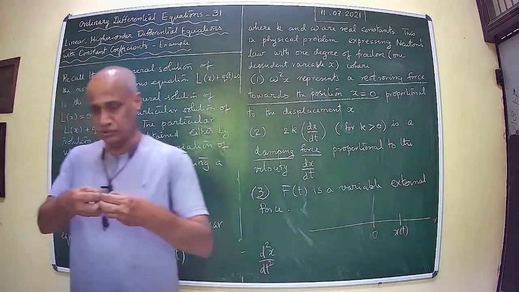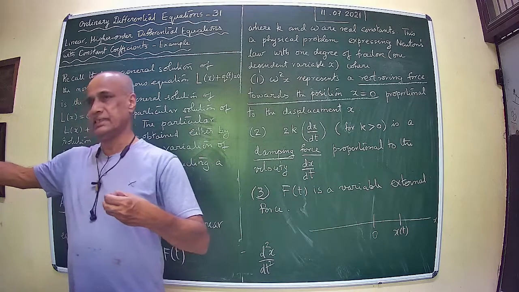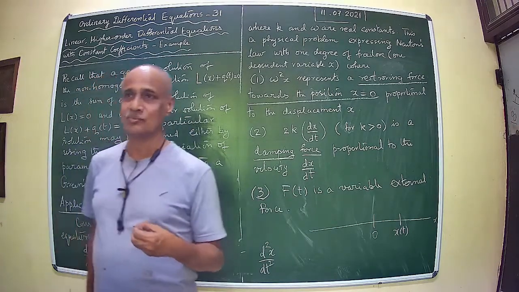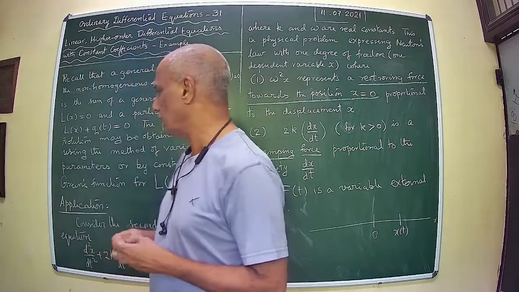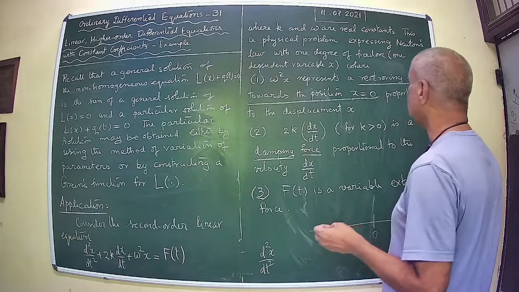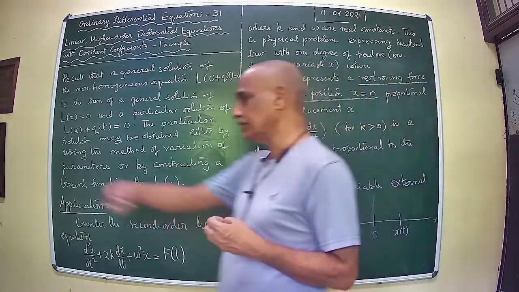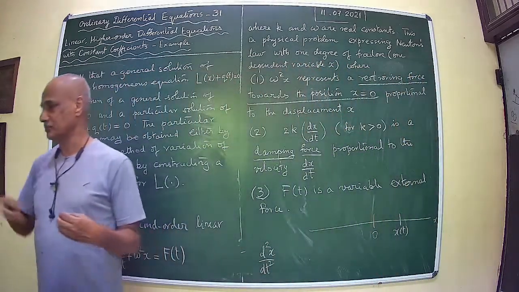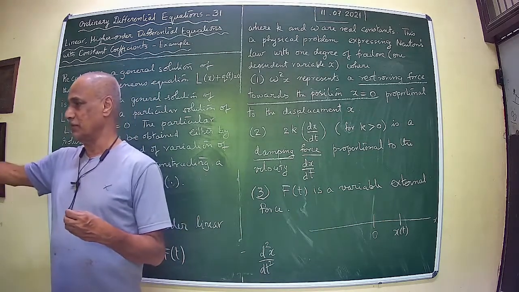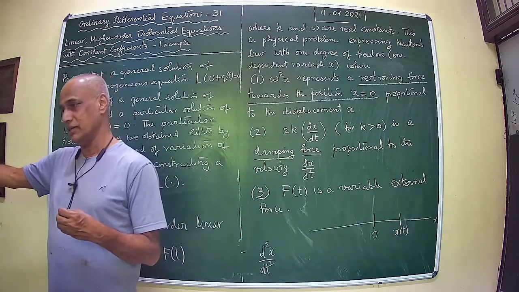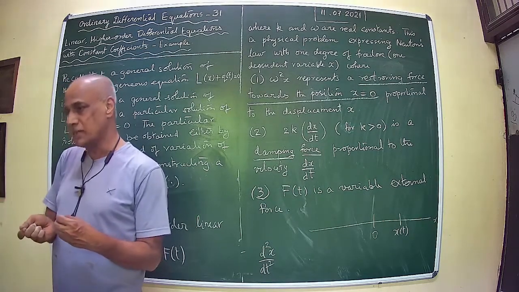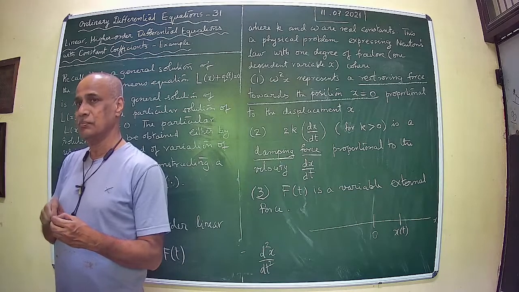For instance, if you stretch the string and leave it, it will come back. Because what happens is, you see that the restoring force will start acting. Okay. So the farther away, there is more force which acts towards the point 0.